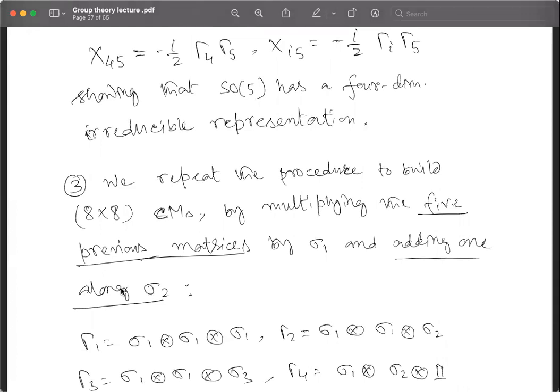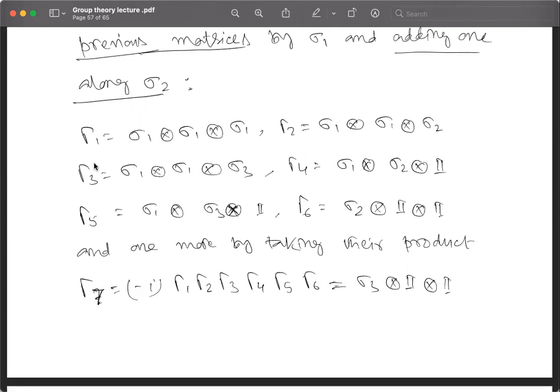So we repeat the procedure to build 8×8 Clifford matrices by multiplying the 5 previous matrices by σ_1, and similarly adding 1, the identity, along the σ_2. For example, γ_1 you can define as σ_1 ⊗ σ_1 ⊗ σ_1, and γ_2 is basically σ_1 ⊗ σ_1 ⊗ σ_2. γ_3 is basically σ_1 ⊗ σ_1 ⊗ σ_3. γ_4 is σ_1 ⊗ σ_2 ⊗ identity.